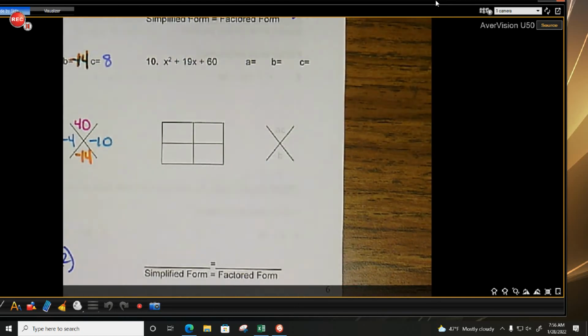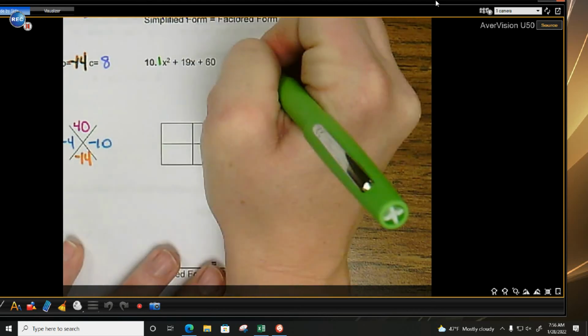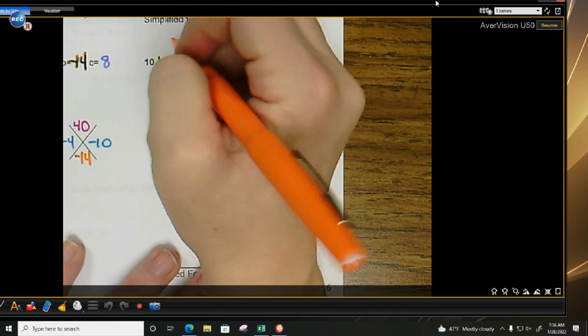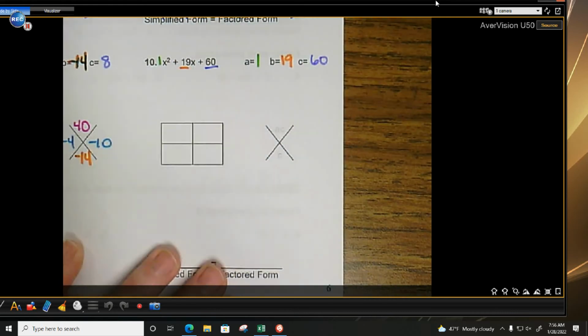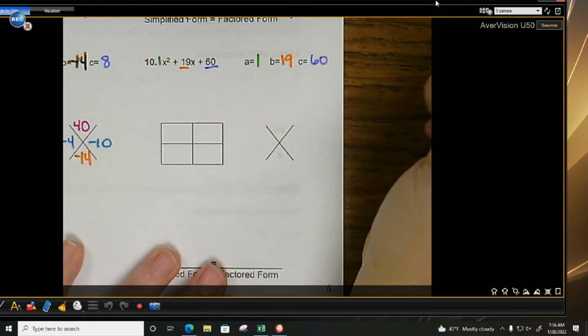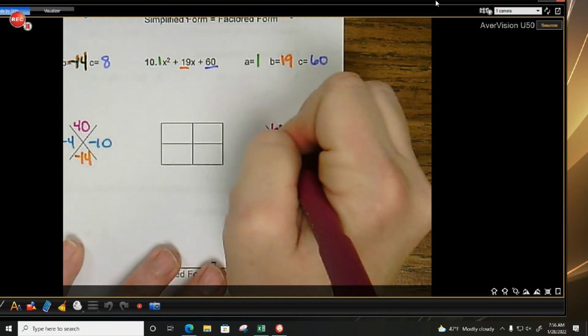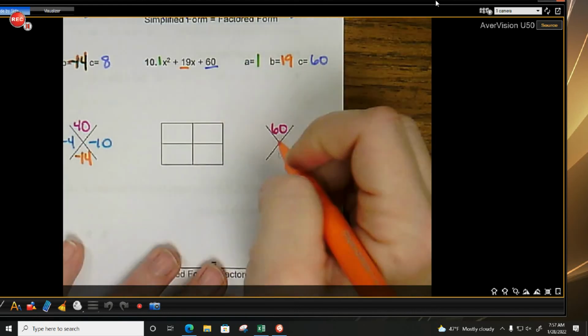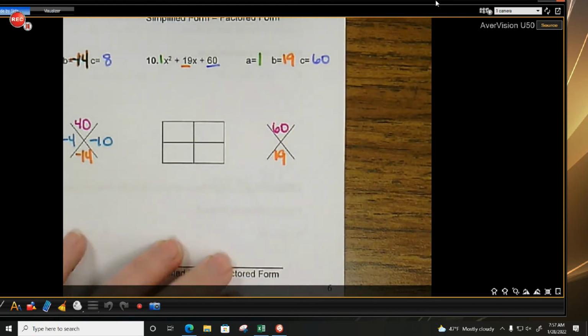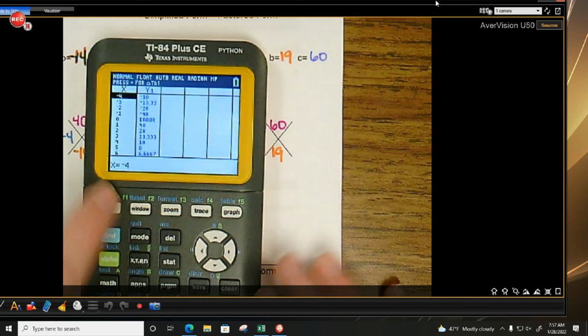No. So what's my A? 1. What's my B? And what's my C? A times C goes on top, which is what? B goes on bottom, which is, let's go to your calculator and do 60 divided by x.